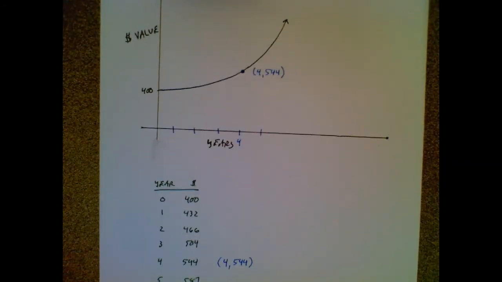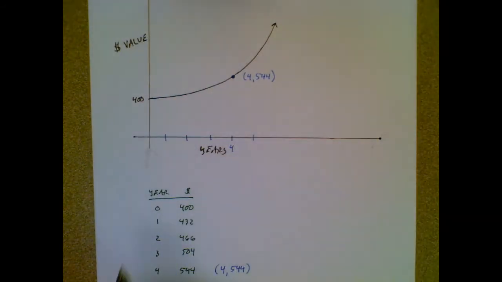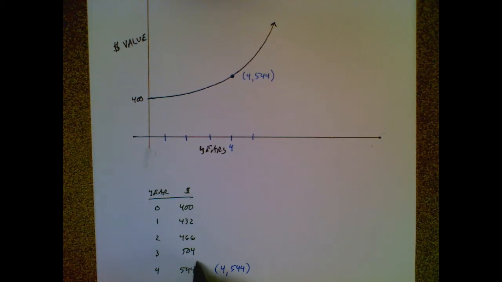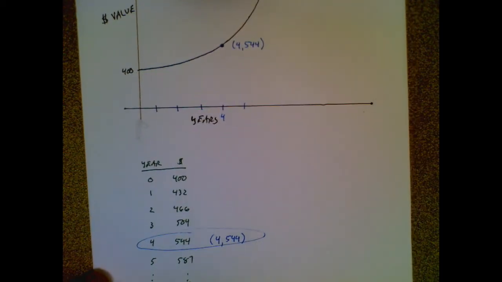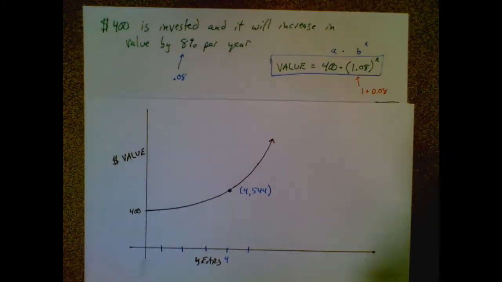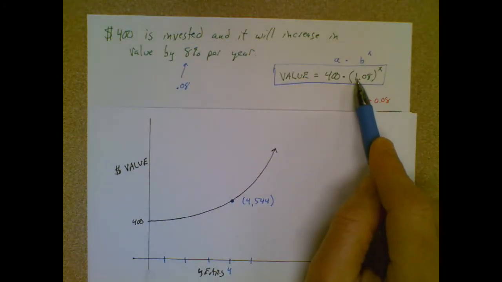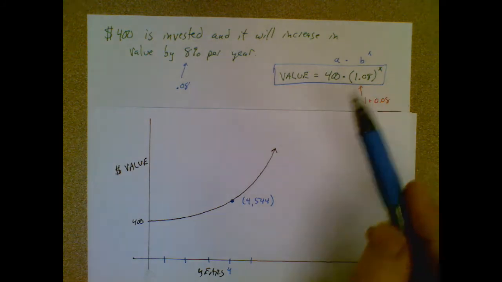It's quite a trip. Oops. At x equals 4, the y value is 544. And remember, I get that information by literally plugging in a 4 and then doing the math to see what that gives me.